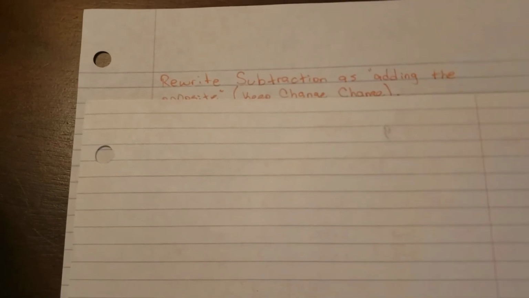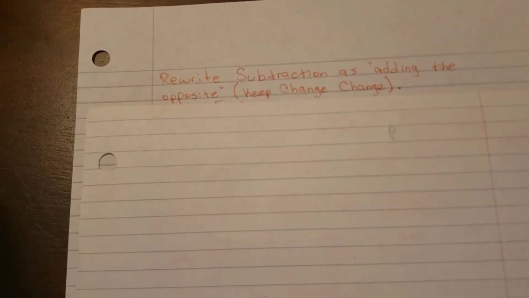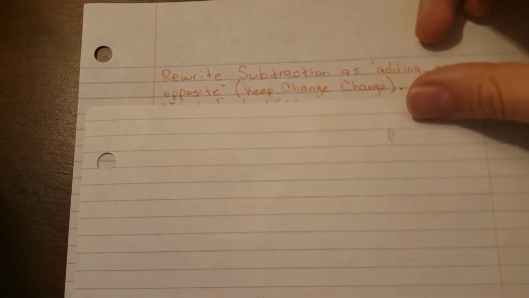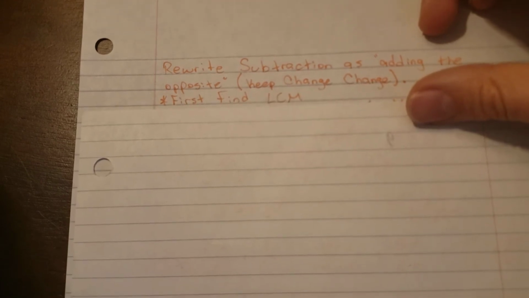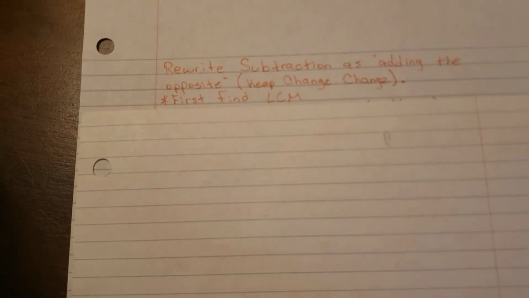Now again, when we subtract these guys, we're going to rewrite subtraction as adding the opposite, right? I talked about that yesterday. Keep, change, change. Again, we first find the least common multiple. Hey, why is that blurry?